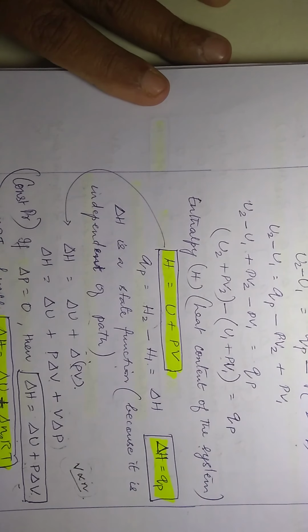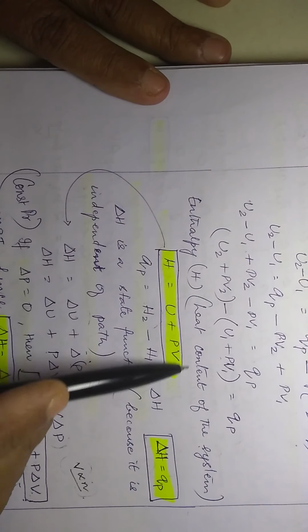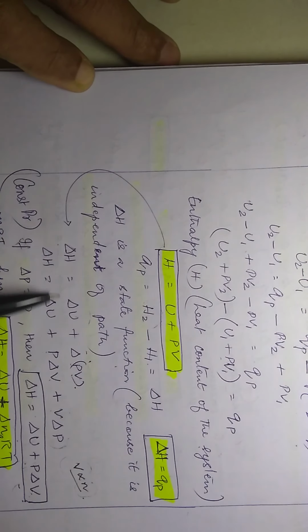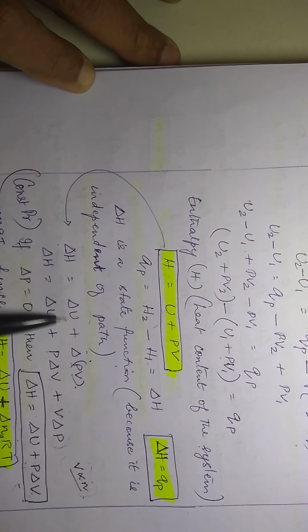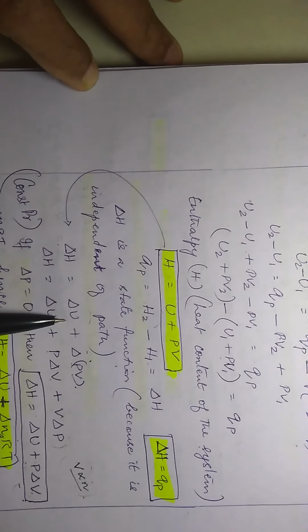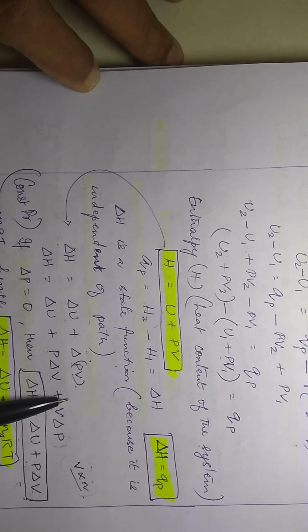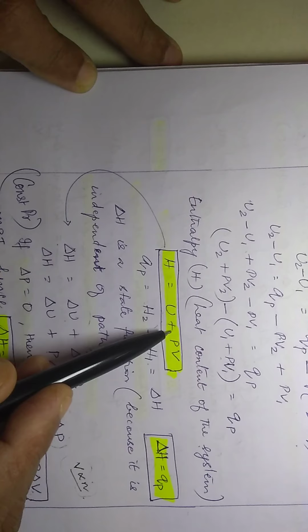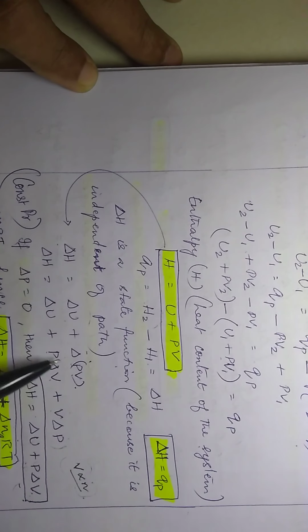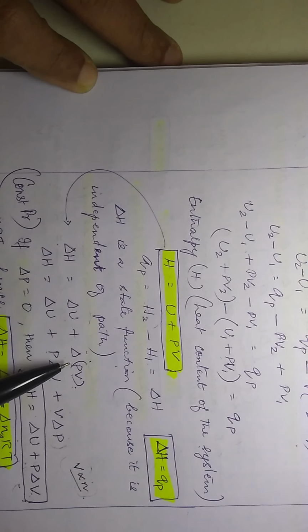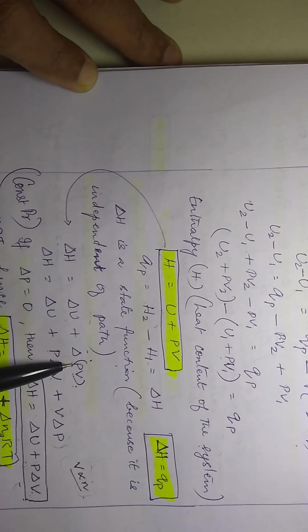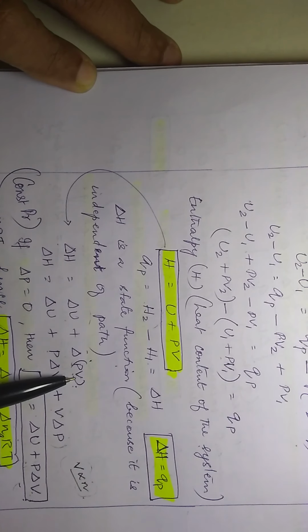And now this expression, if you want to express in terms of the change in enthalpy and change in internal energy, you will get delta H is equal to delta U plus delta PV, right? Why delta PV? This PV I am going to differentiate with respect to each parameter. In the first condition I'll write change in volume with respect to constant pressure, and then in the next step change in pressure with respect to constant volume.